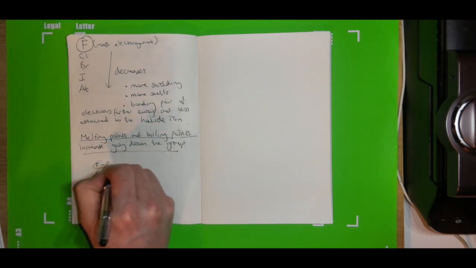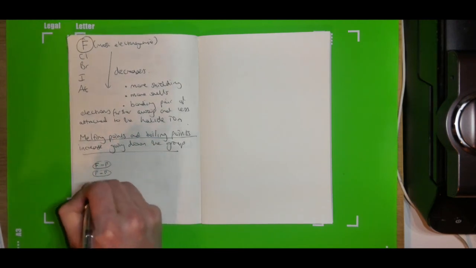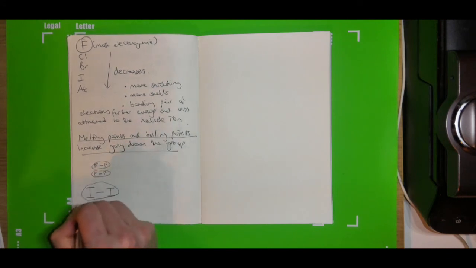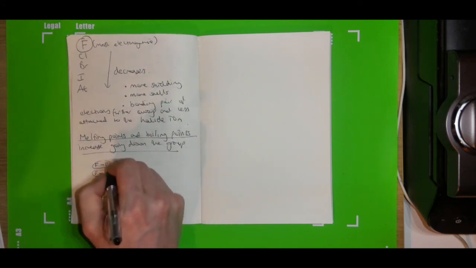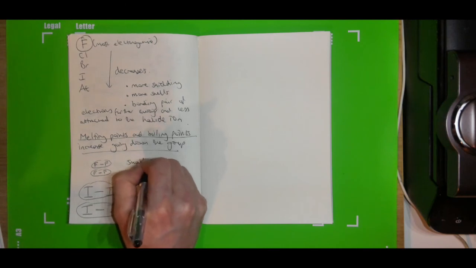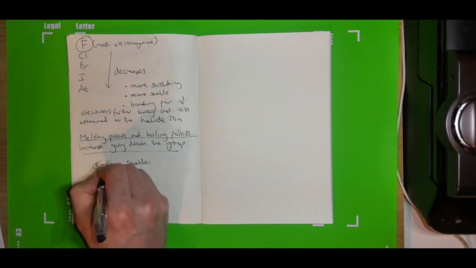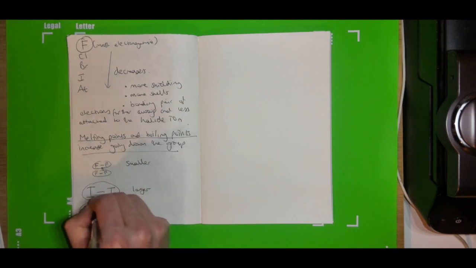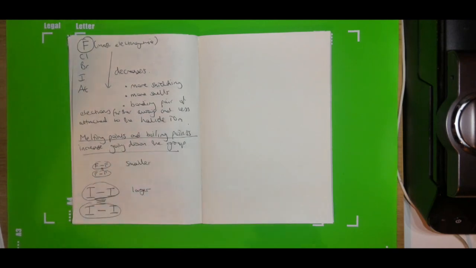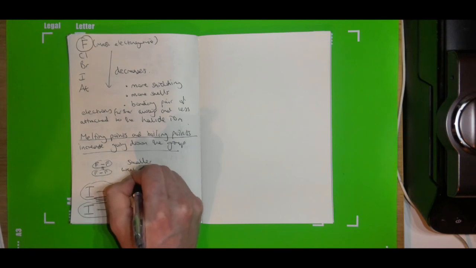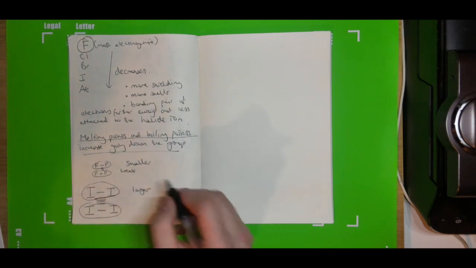So fluorine molecules are much smaller than iodine molecules. Because they're much smaller, that van der Waals force of attraction between the molecules is much lower. So there's a weaker van der Waals force of attraction between the molecules.